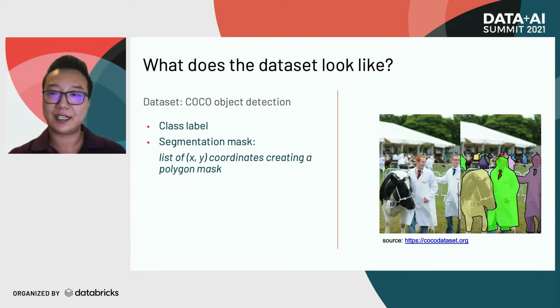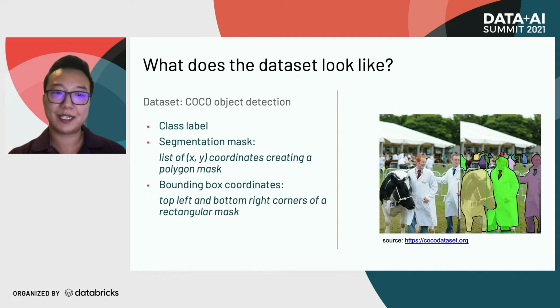And each annotation consists of a class label, a segmentation mask, which is shown here on the right image, where we have a list of XY coordinates creating a polygon mask of the object. And from the segmentation mask, we can derive bounding boxes like the green box shown here by just taking the minimum and maximum of the XY values over all the coordinates.